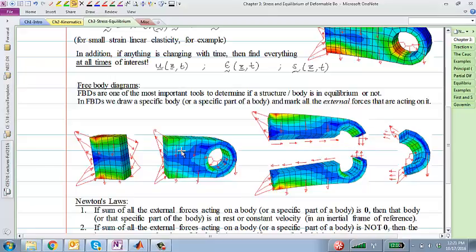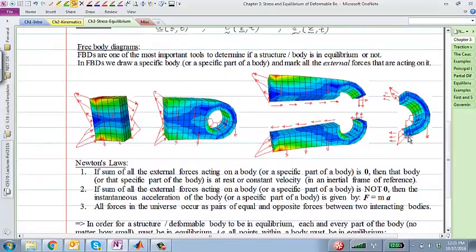The first law says if the sum of forces is zero with respect to an inertial frame of reference, then the body stays at rest or in constant motion. The second says F is equal to ma if the forces are not equal. And the third, which is the most important for free body diagrams, is to make sure that all forces occur in the universe as equal and opposite pairs.